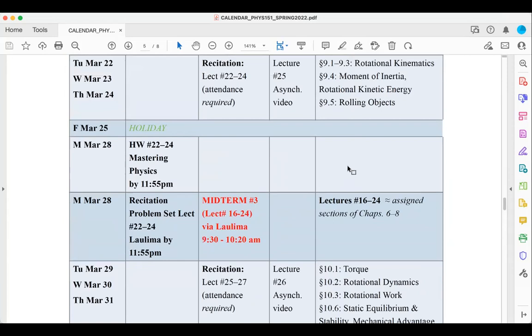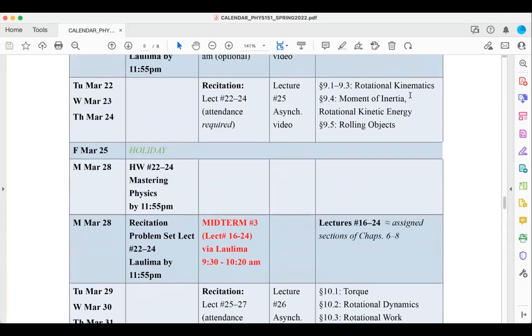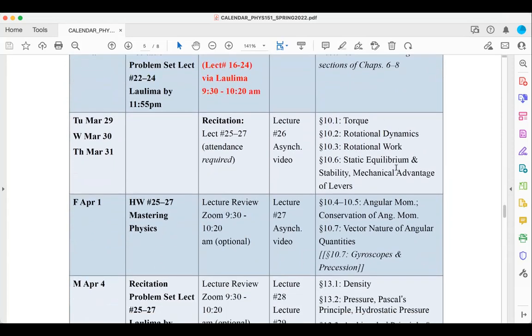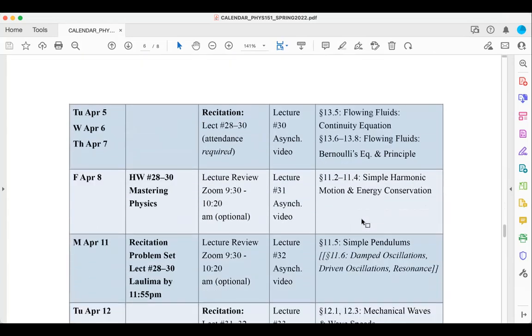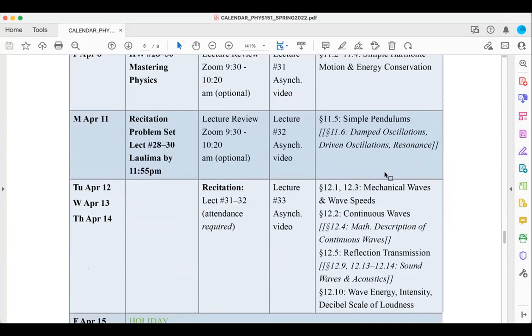It's essentially rotation, fluids, and oscillations. Rotation, exactly, all the part of rotation, fluids, and then we have oscillation until the pendulum. Waves is not part of it, so I don't want to confuse you. Let's see where we get.